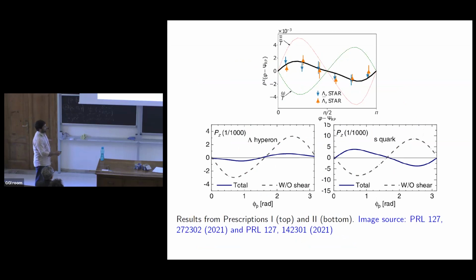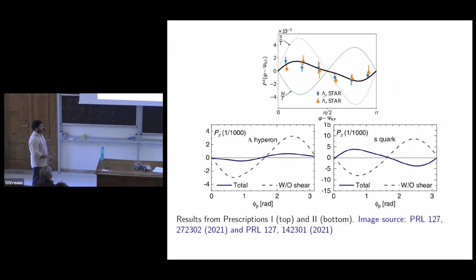So the top figure is from prescription 1, and this is the thermal shear contribution. This is the thermal vorticity contribution, and the net gives a very nice description of the polarization data. Now the bottom figure is with prescription 2. The left is when the mass is taken as the lambda mass, and we see that the sign is negative.